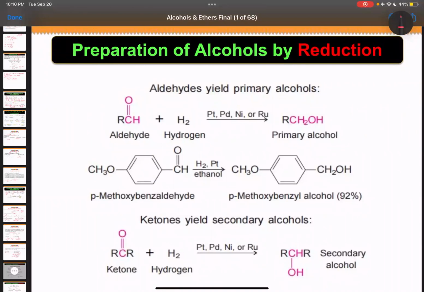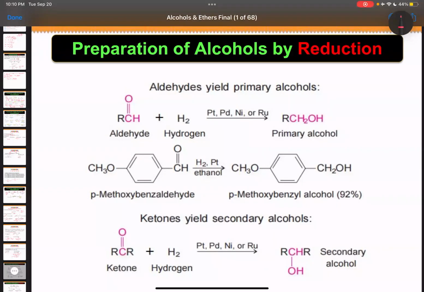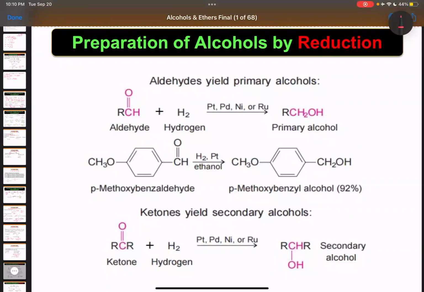So which type of alcohol can you not prepare by catalytic hydrogenation reaction? Tertiary. Why? Because the tertiary carbon does not have hydrogen.